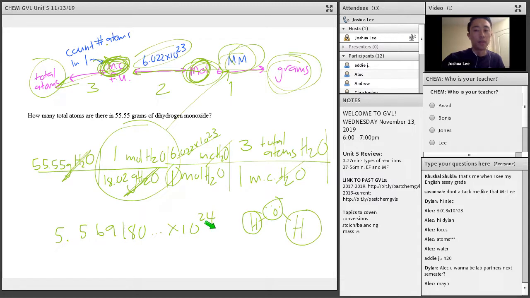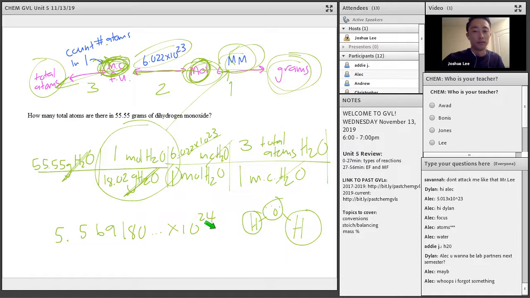And my number is more correct than Alec's. Ooh, you did forget something. Then with 4 sig figs, it's 5.569 times 10 to the 24th total atoms of water.